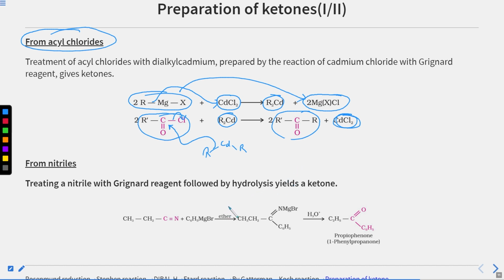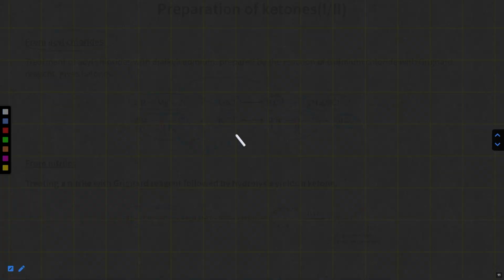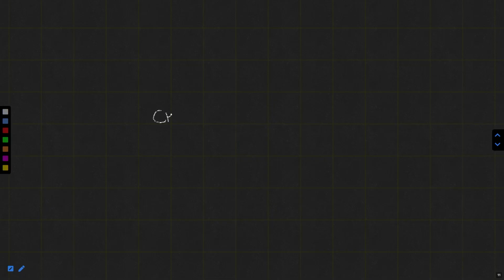What is the second method? The second method is called the treatment with Grignard reagent. It is written very small, sorry for that. Let me give you the overall reaction here. We have this substrate, we have this reagent.